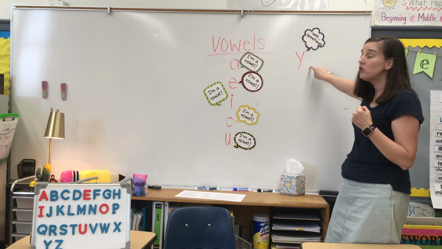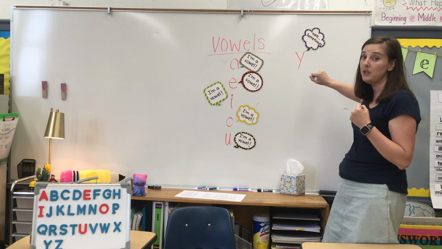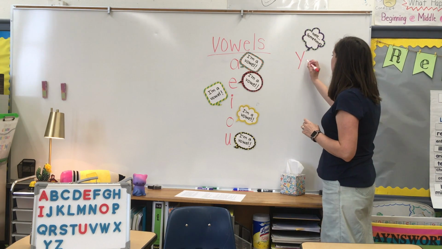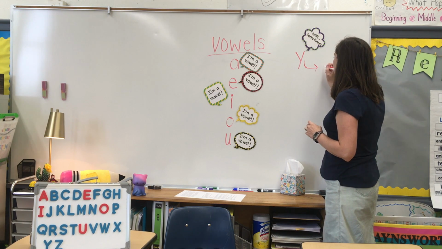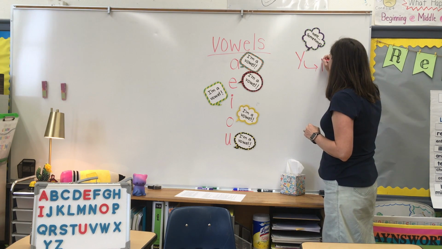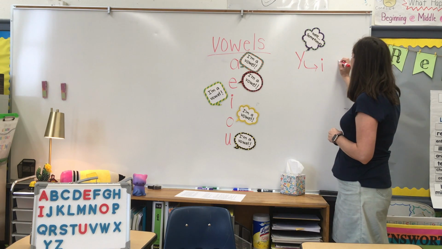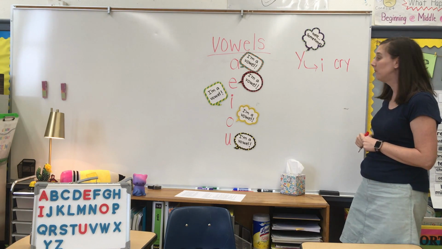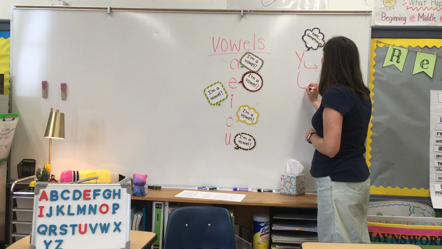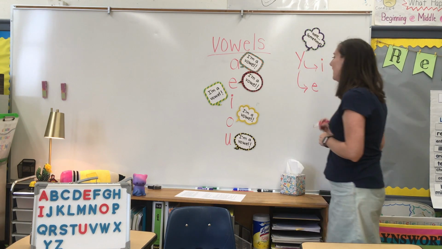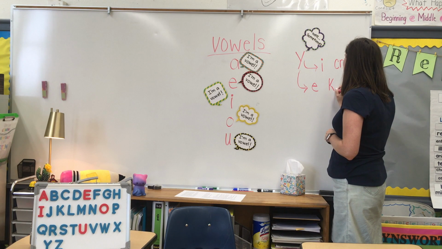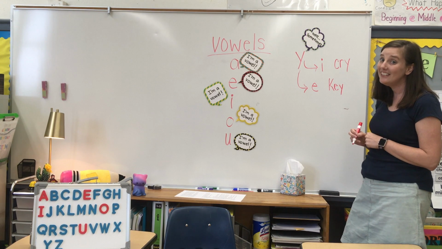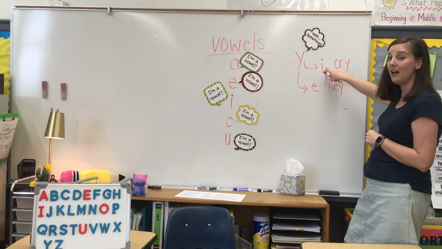Now Y is not only tricky because sometimes it's a consonant and sometimes it's a vowel, Y can also make different sounds too. For example, Y can make the sound I, like in the word cry. It's a vowel there. Y can also make the sound E, like in key, or monkey, or candy. So Y can make the I sound.